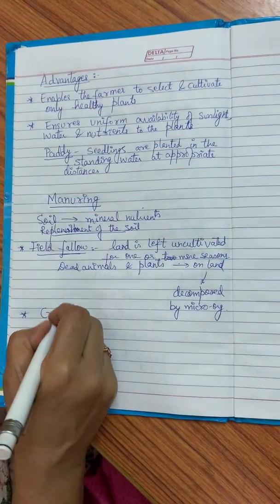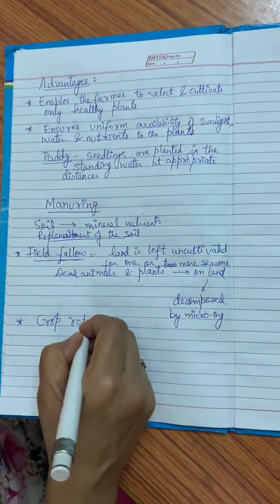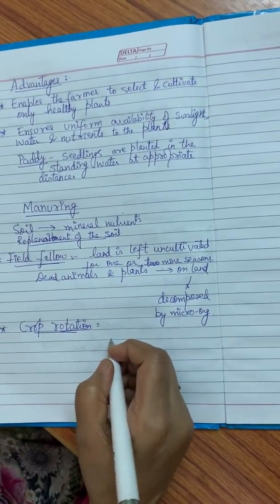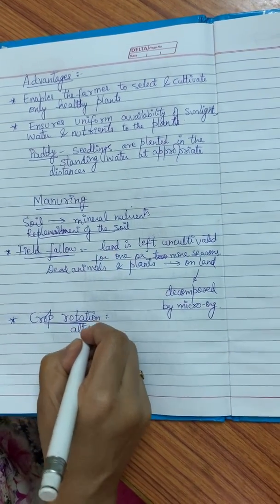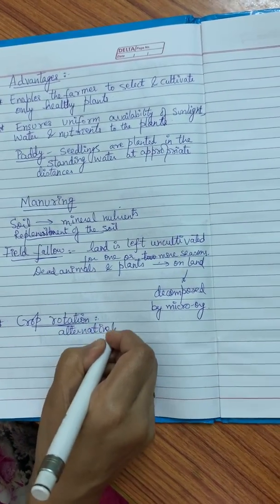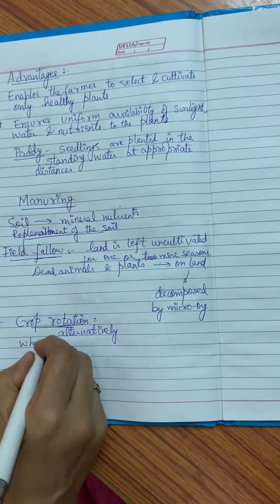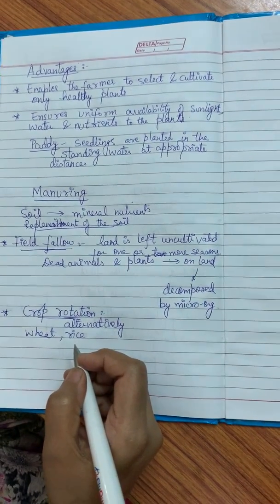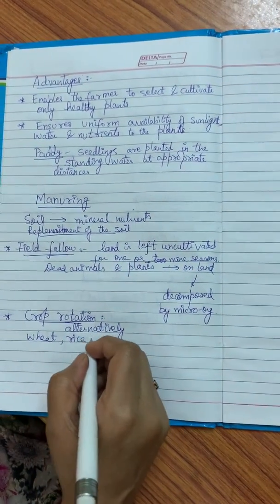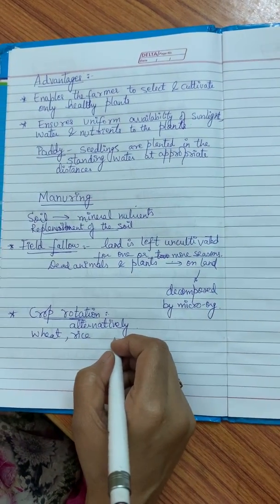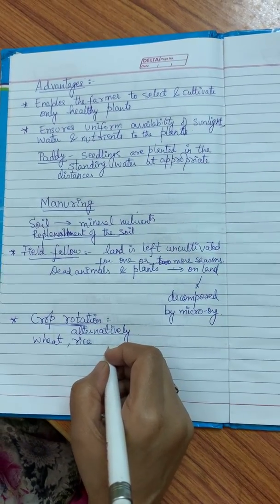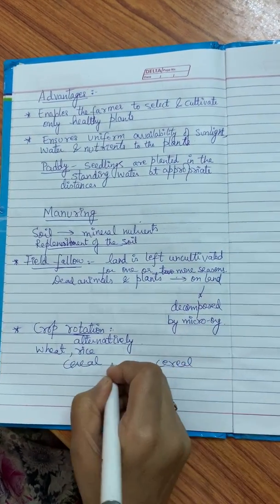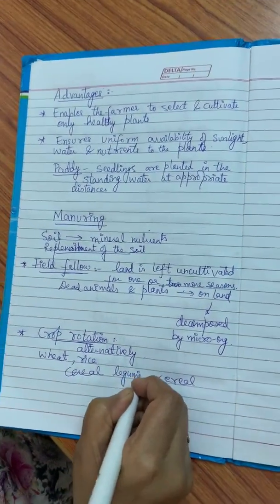Number two is crop rotation. It is done by growing different crops alternately. Some crops like wheat and rice use a lot of nitrogen from the soil, and this nitrogen can be easily replenished in the soil by growing a leguminous crop in between the two cereal crops.